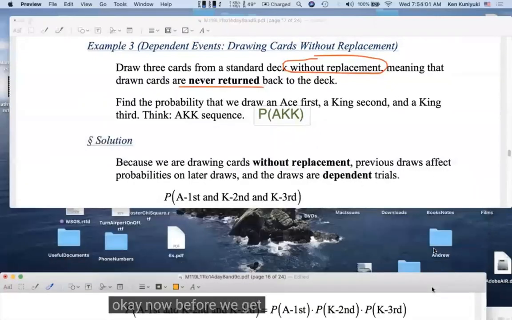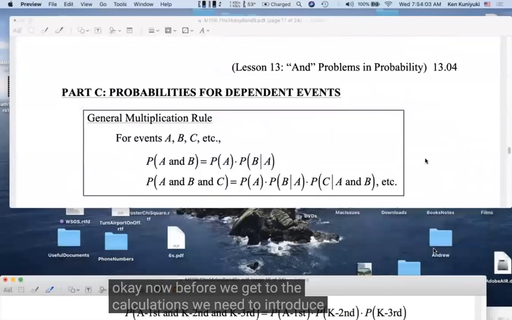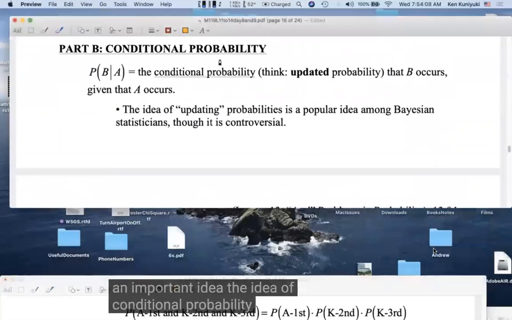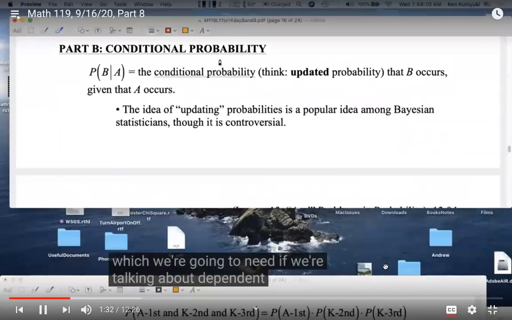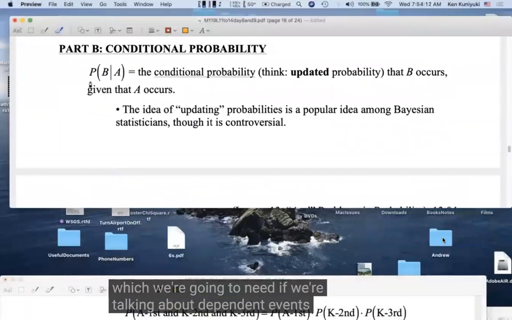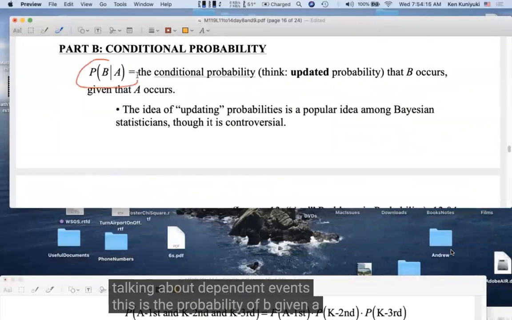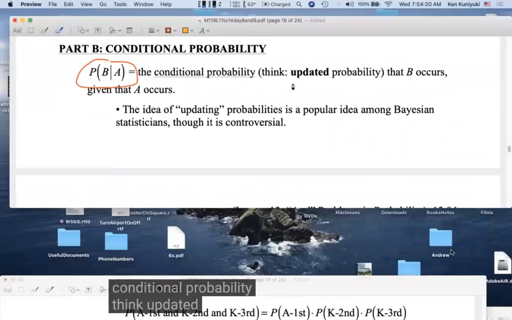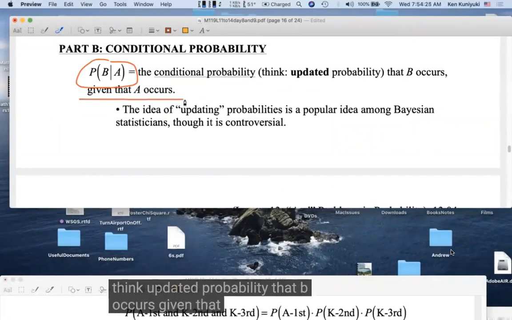Okay, now before we get to the calculations, we need to introduce an important idea, the idea of conditional probability, which we're going to need if we're talking about dependent events. This is the probability of B given A. Important notation. This is the conditional probability, think updated probability, that B occurs given that A occurs.